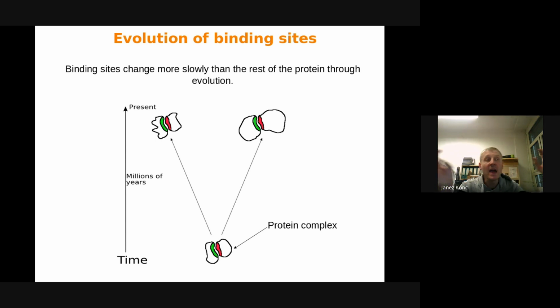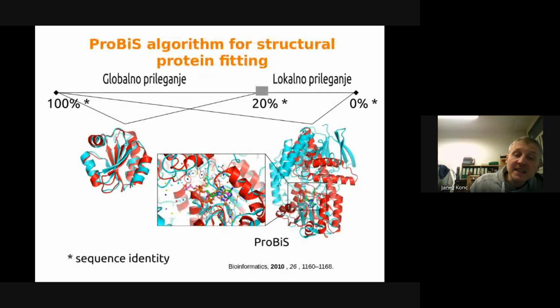If we can compare our protein to these other proteins, similarly as we did with the Lisica algorithm before, but on a scale of proteins, and we find similarities between our protein and proteins within the database, these similarities usually mean conservation, and conservation usually means functionally important regions, and functionally important regions are often within binding sites of proteins. So we can discover binding sites by comparing proteins with each other.